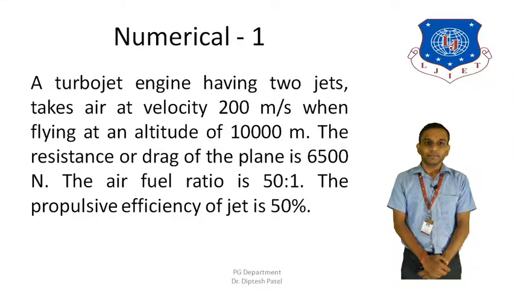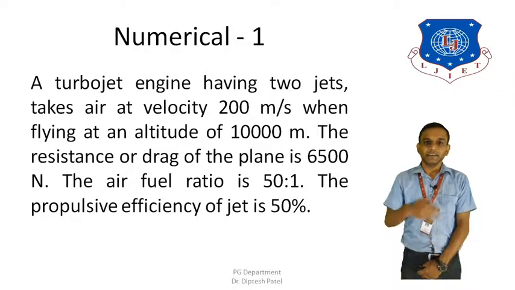Here the numerical which is given to us says a turbojet engine having two jets. So the number of engines is 2, which takes air at a velocity of 200 meter per second. So the inlet velocity of the engine is 200 meter per second.